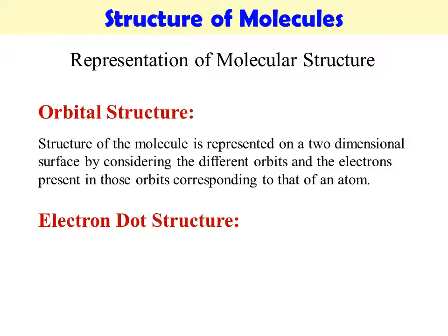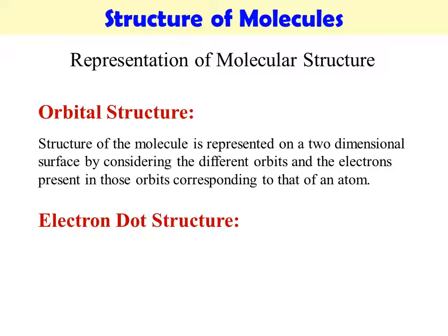So on a two-dimensional surface, we represent the molecule by considering the different orbits. The central nucleus is surrounded by the orbits, and the electrons present in those orbits correspond to that of an atom.